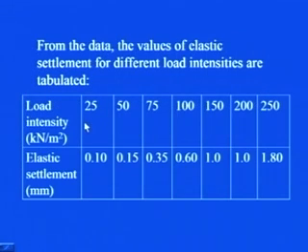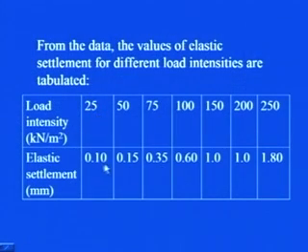To correlate the previous table and this table, elastic settlement can be obtained by taking the difference of the settlement at the maximum loading intensity and when it has been brought down to 0. So for 25 kilonewton per meter square, an elastic settlement of 0.10 mm was observed. However, it was 0.15 in case of 50 kilonewton per meter square, and so on.